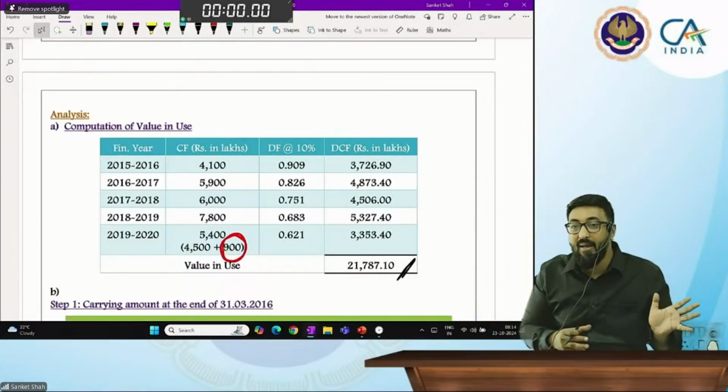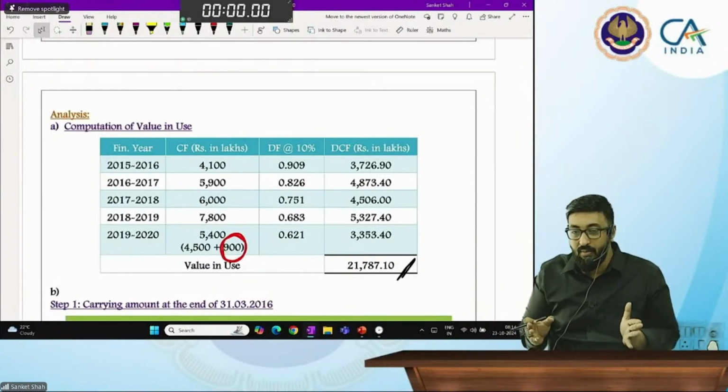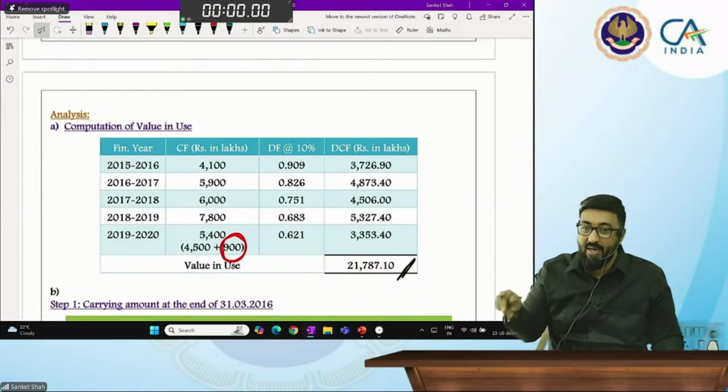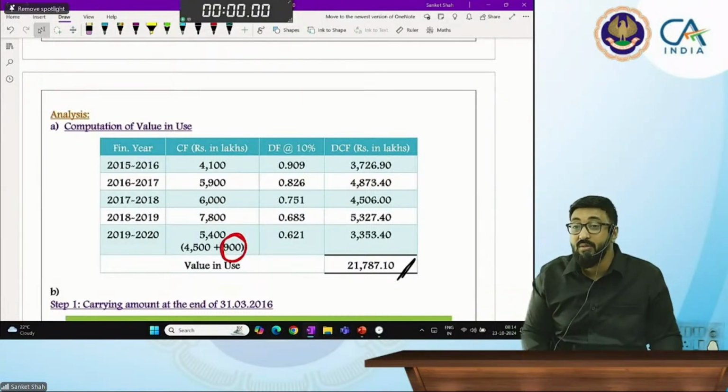Suppose my car is giving me some income, and at the end I'm selling that car, then I will get 900 rupees. That is also added, no? Oh, yes sir. Okay. So any difficulty in value in use? No sir. Adishri ji, now you are clear? The 900 rupees I will get by selling. Adishri ji, say yes or no, beta. Okay.